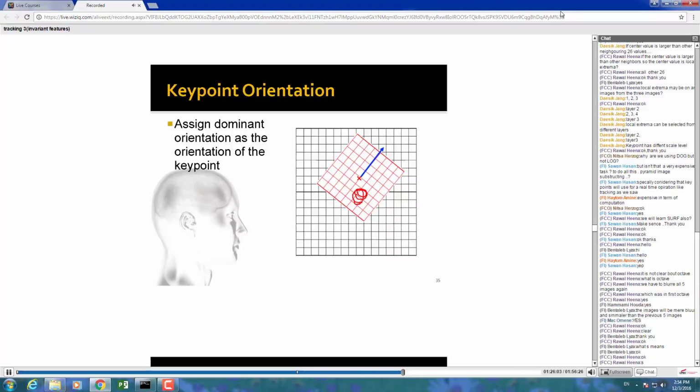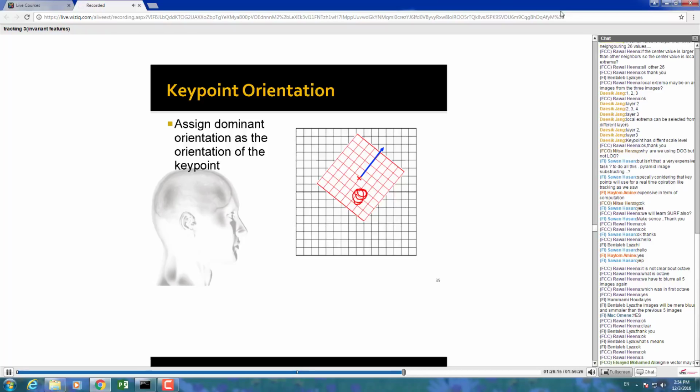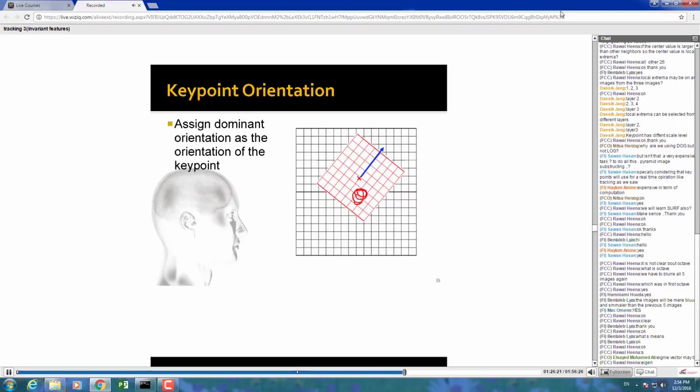Now you have to determine the direction of the key point. So normally, for any point in an image, how can you determine the direction of the key point? What is the general way? Or if somebody asks you, I want to know the angle or direction of the point, how can you calculate it?